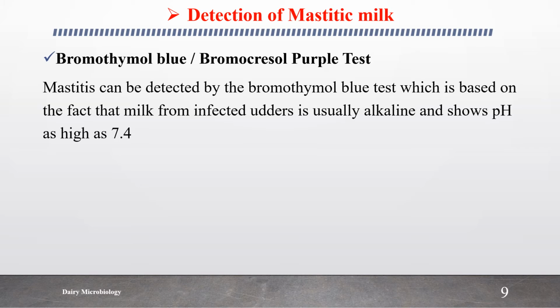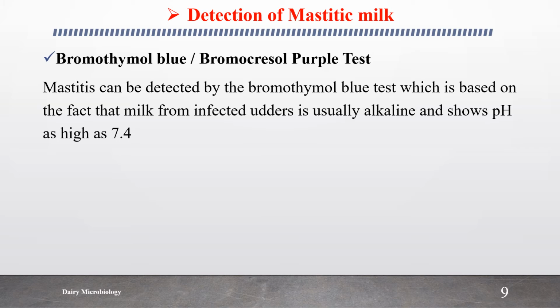Mastitis can be detected by the bromothymol blue test, which is based on the fact that milk from an infected udder is usually alkaline due to the presence of blood cells in the milk, which results in an increase in the pH of the milk as high as 7.4. The pH of normal milk ranges between 6.7 to 6.9.